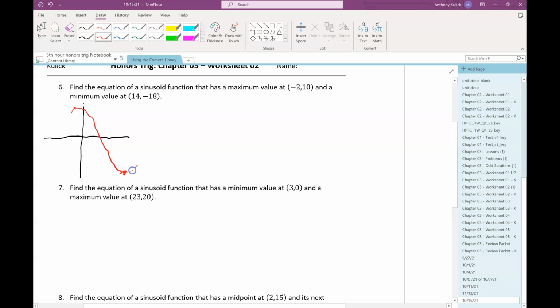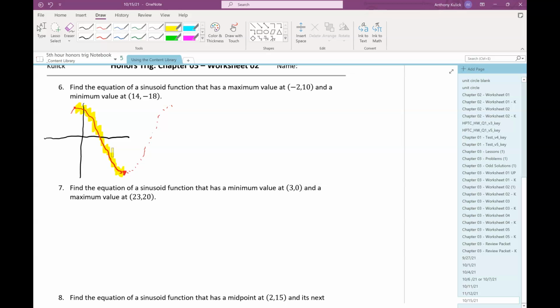So if I draw a full period, it's going to look like that, right? Or I draw the other half of it with a dashed line. Does that feel okay? Yeah. Okay, so what I want to ask myself is how much of a period is the part that I'm given? That looks like a half to me as well.